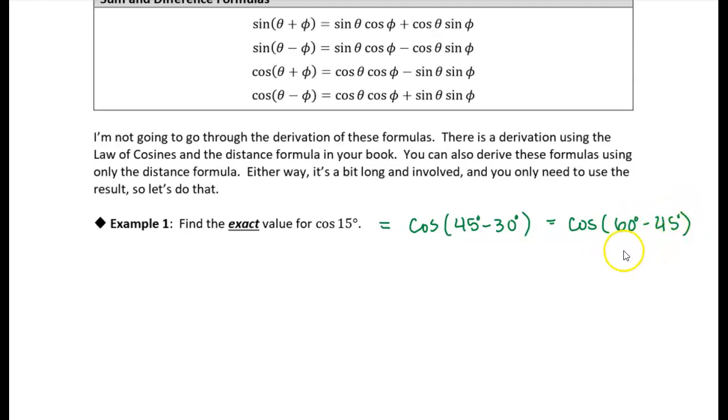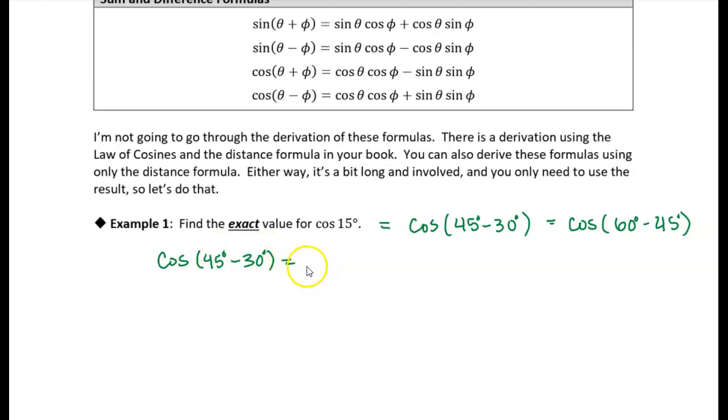Either way, we can use the sum and difference formulas and the sine and cosine values to figure out the exact value for the cosine of 15 degrees. So let's do that. I'm just going to grab the first one. Let's do the cosine of 45 degrees minus 30 degrees. That'll give us the cosine of 15.